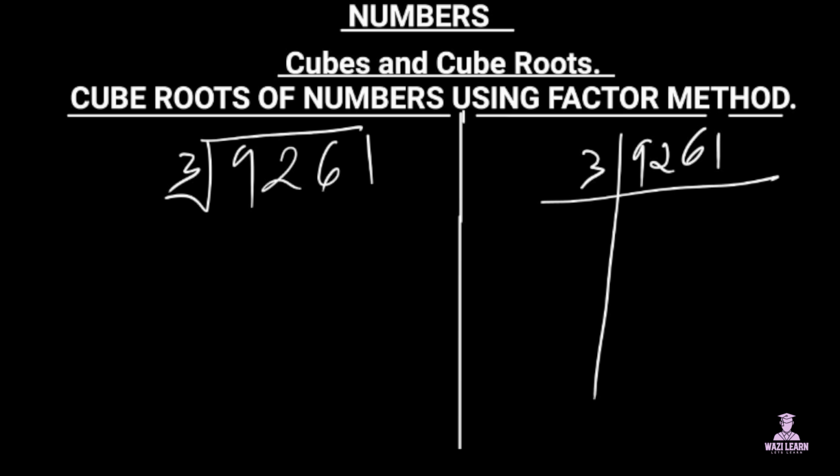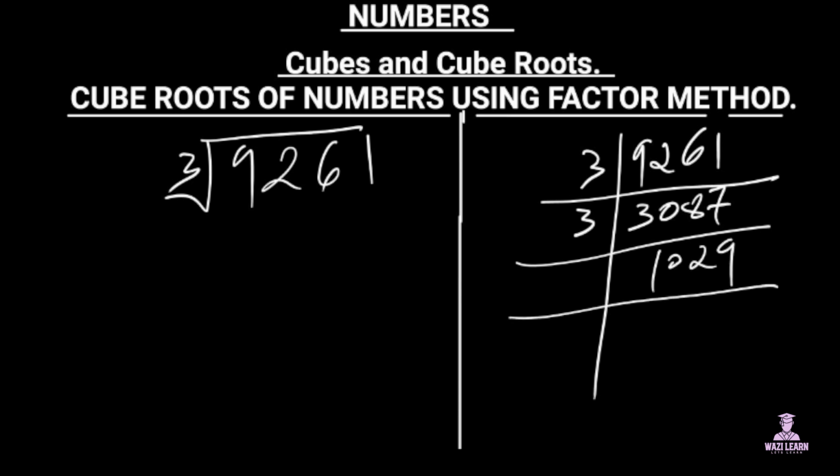So 9,261 divided by 3 will be 3,087. Divided by 3, 1,029. Divided by 3 will be 343. Now this one cannot be divided by 3 anymore.